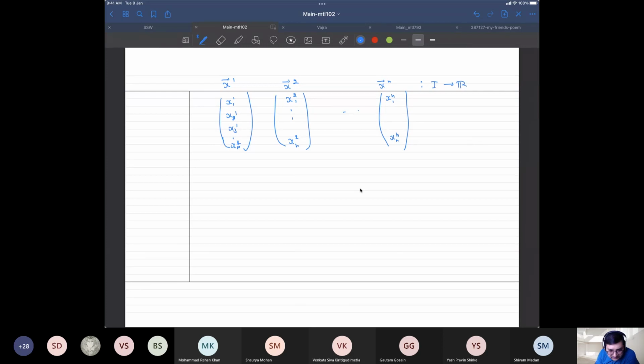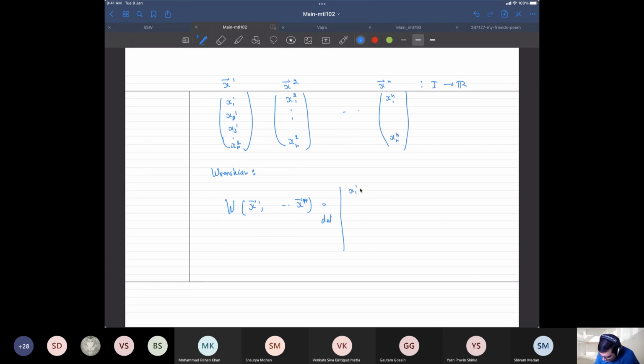Then we define something called the Wronskian. Again, this is already done for you, but I'm just repeating it so that you can recall it if you have not done so far. So the Wronskian of these n vector functions is going to be a determinant. Let's write the determinant explicitly.